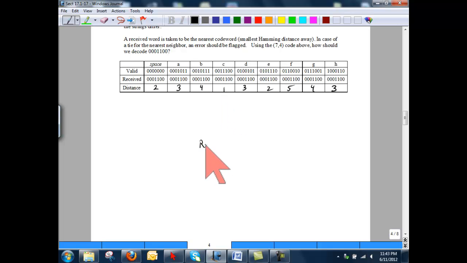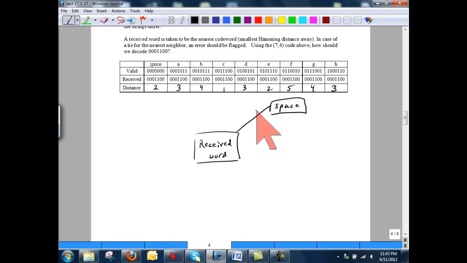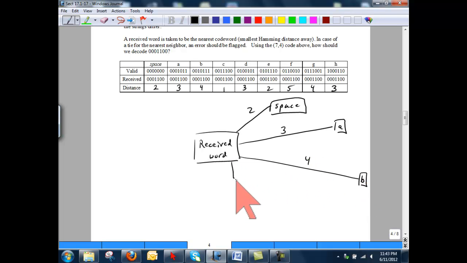So to help get a picture in your mind, the received word is here, and my possibilities were space, and I decided that's 2 units away, or A, and I decided that's 3 units away, or B, and I decided that's 4 units away, or C is 1 unit away, and I won't draw the rest.